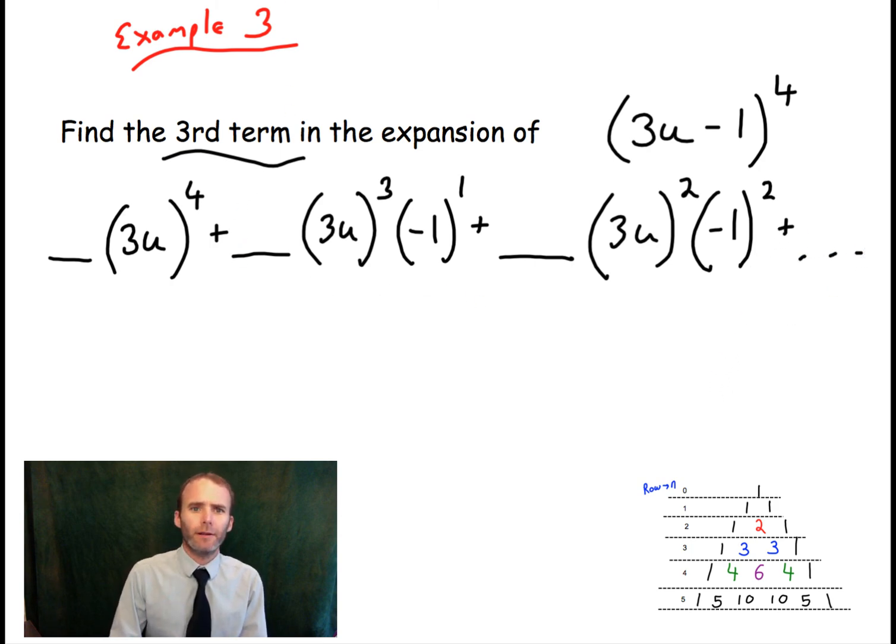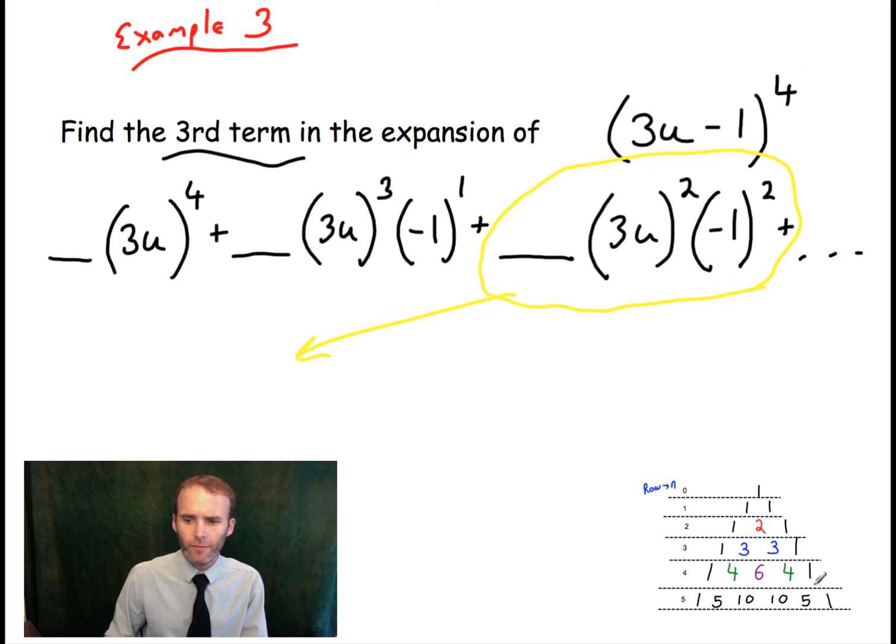Now note that I don't have to go any farther because this is my first term, my second term, and this is my third term. This whole thing is my third term. So I only need to figure out what this third term is. So let's go through and note that it's the 4th row. So I'm going to come down here to the 4th row, and let's fill in our Pascal triangle coefficients.